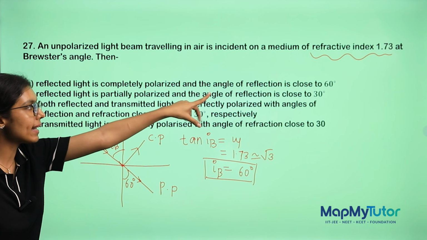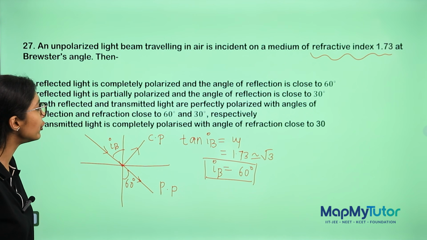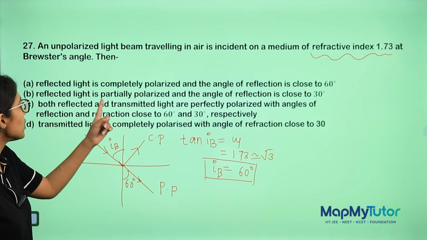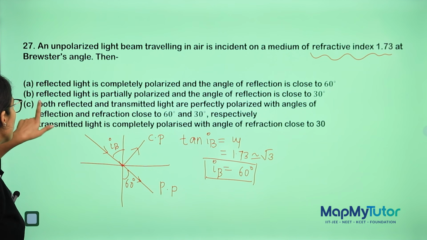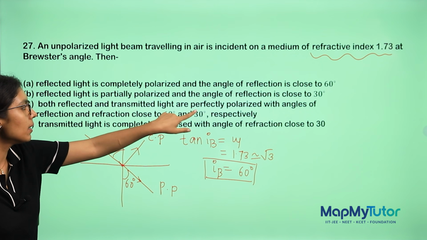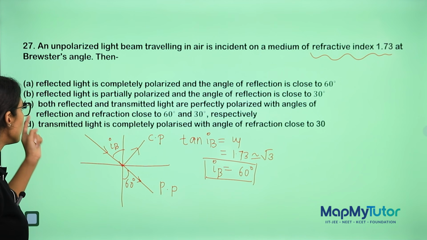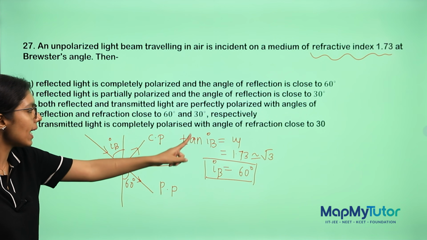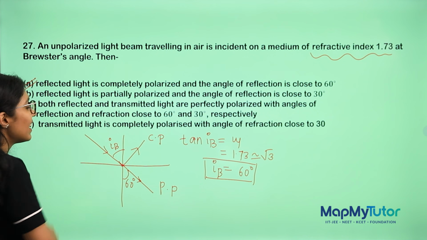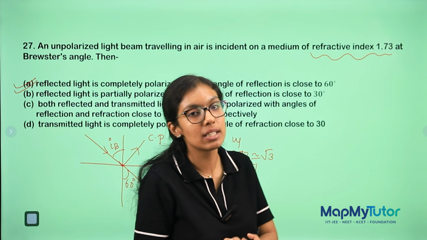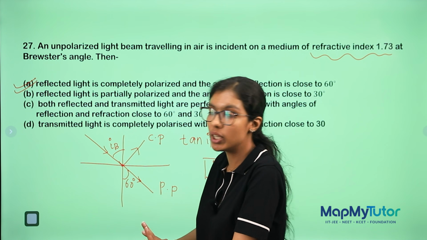Yes. And at an angle of 60 degrees? Correct, definitely. Reflected light is partially polarized and the angle between the reflection is 30? No. Both reflected and transmitted light are perfectly polarized? No. Transmitted light is completely polarized with an angle of refraction close to 30? No. So option A is the right answer. Again, very simple, very easy questions. Direct concept and formula based.